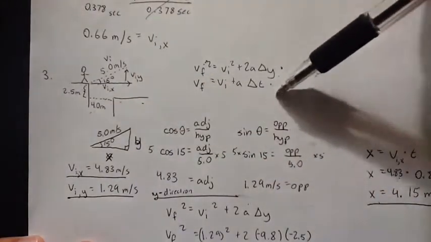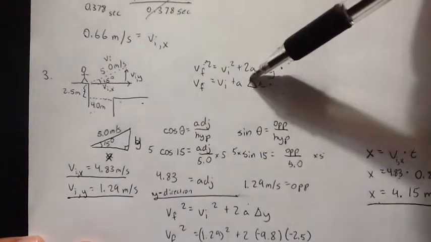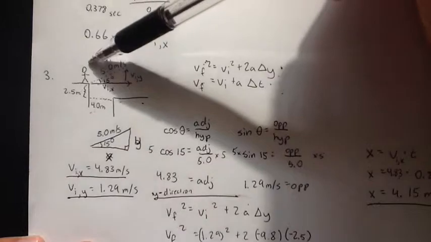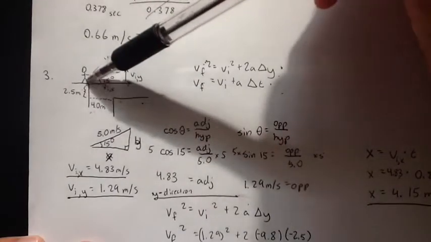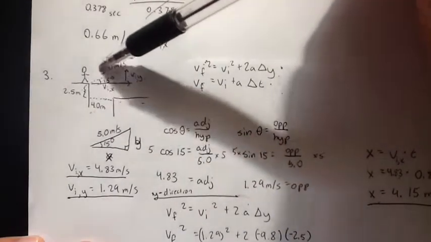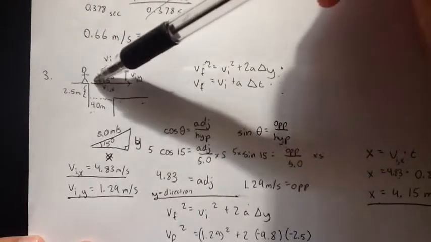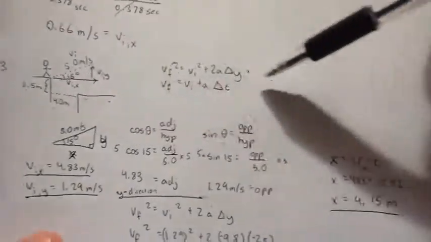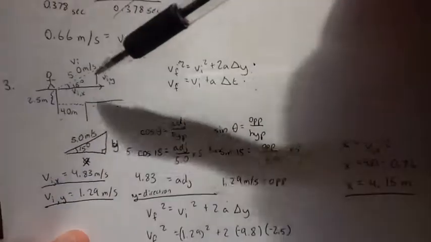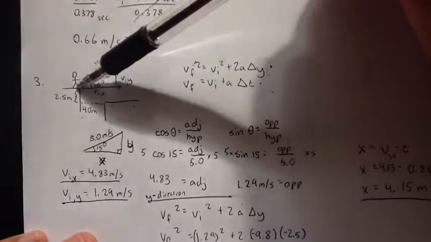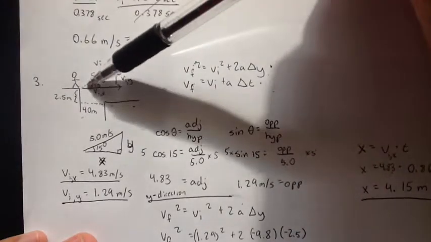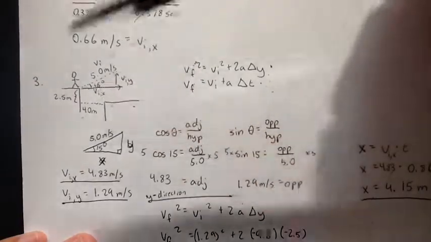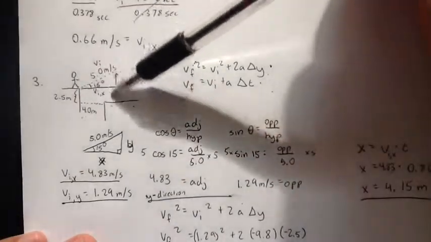You use these two equations to solve for the change in time, how long he's in the air, because if he just jumps up and jumps back down with that same initial velocity, whether he jumps up and jumps down here or jumps up and lands over here, he's going to be in the air the same amount of time. You're going to use that change in time, multiply it by the velocity in the x direction, so you know he's been going this way for this amount of time, so he will stop in the same amount of time that it takes him to jump up and jump back down.